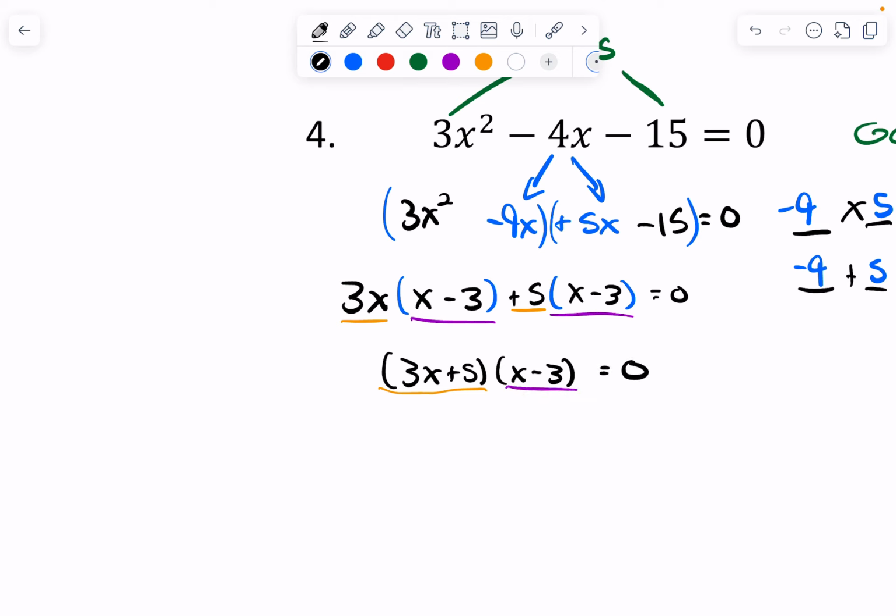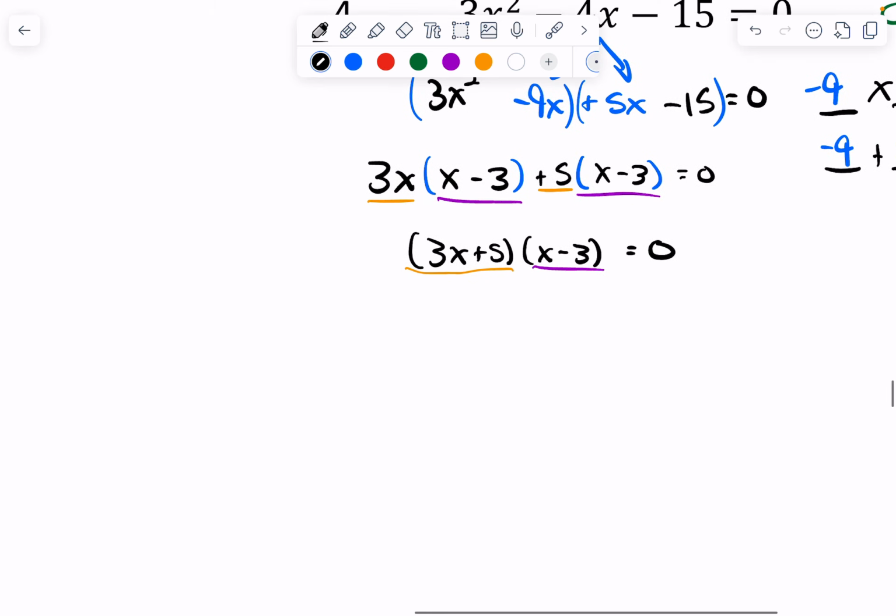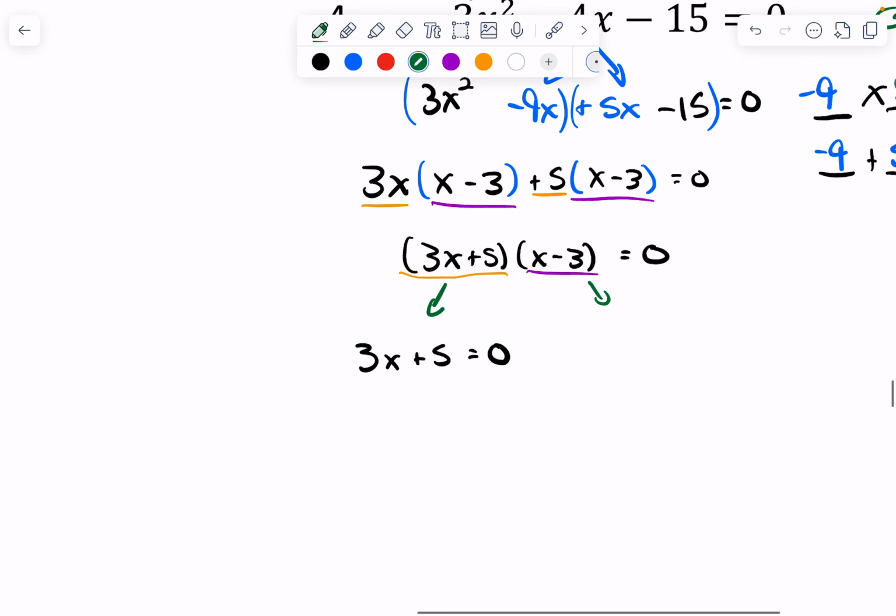And now the next step, because all we've been doing up to this date is factoring, now you're solving. That's why you learn to factor, to solve problems. Factoring is just a tool. So take this bracket, set it equal to 0 so we can now solve. Take this bracket, also set it equal to 0, and solve.